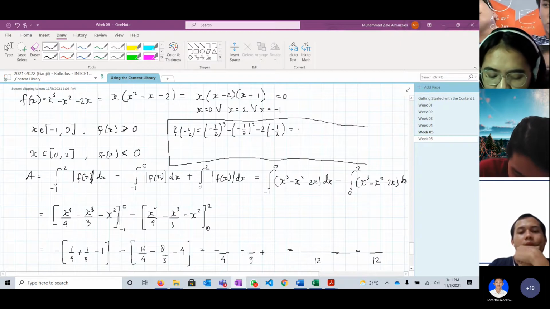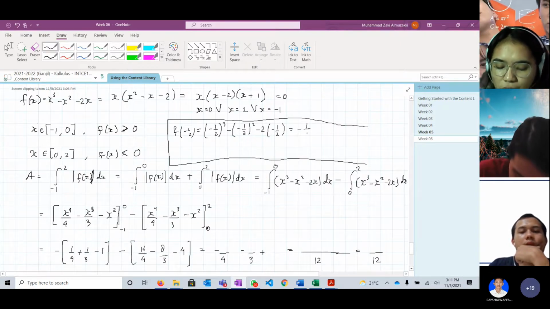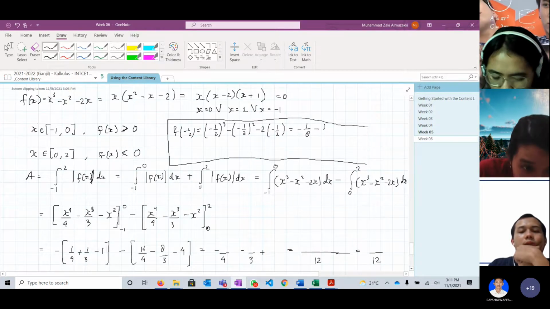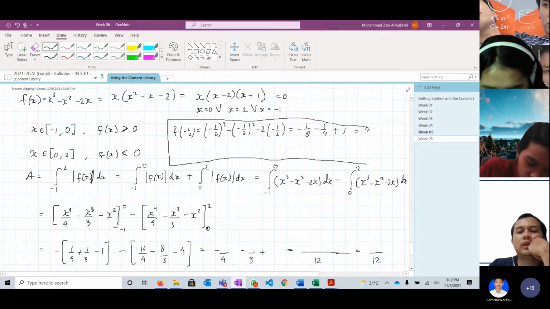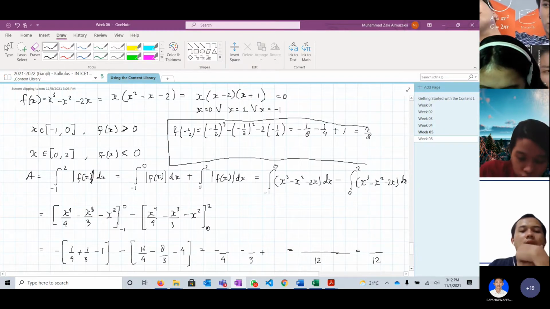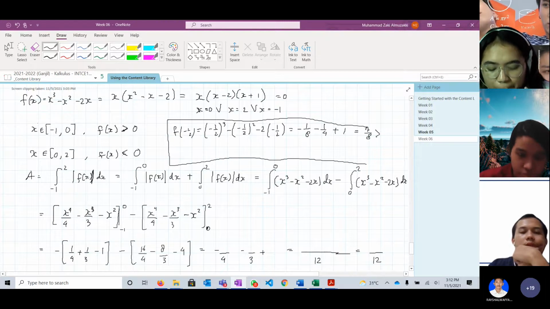Here we have -1/8, -1/4, plus 1, which is 2/8, 3/8. 1 minus 3/8, so it's 7/8. So this is positive. So the other part should be negative.